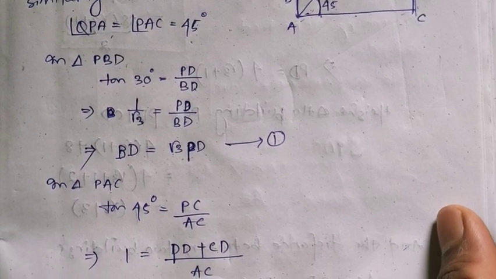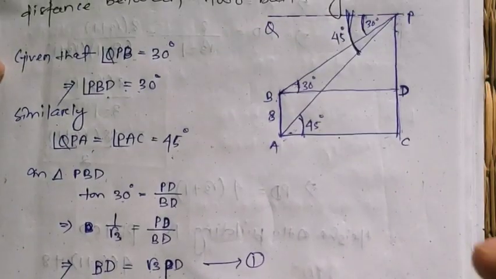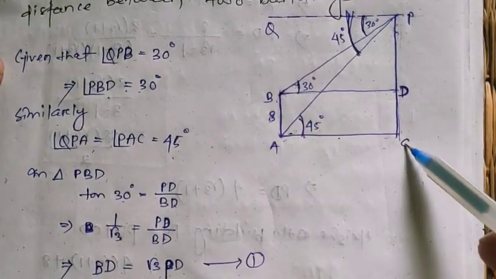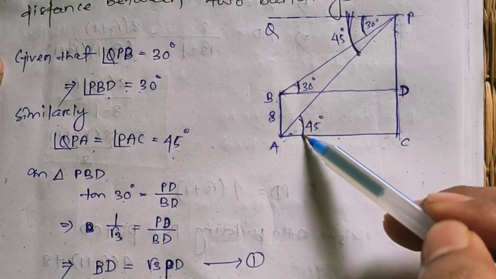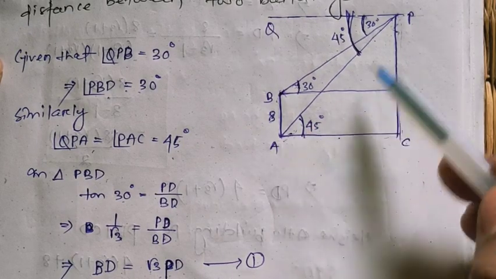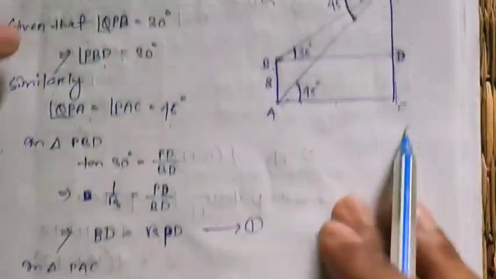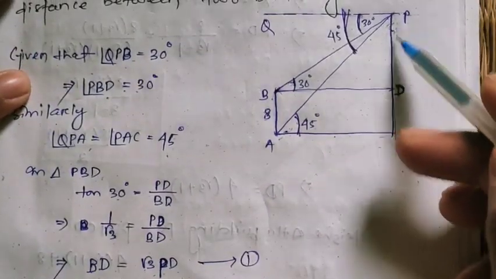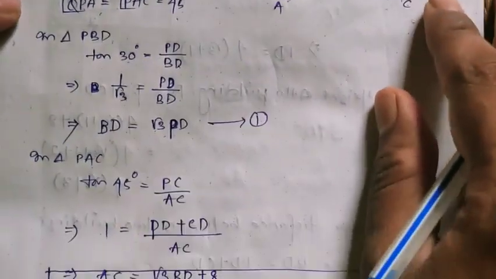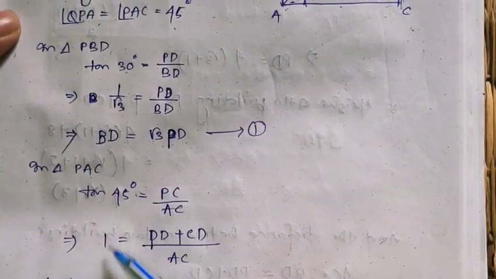Now in triangle PAC, similarly, tan 45 is equal to PC by AC. Here PC is equal to PD plus CD, and tan 45 is equal to 1.